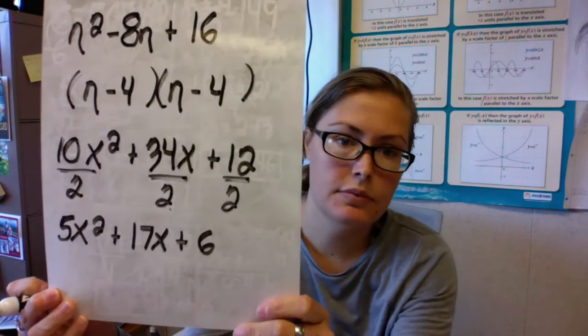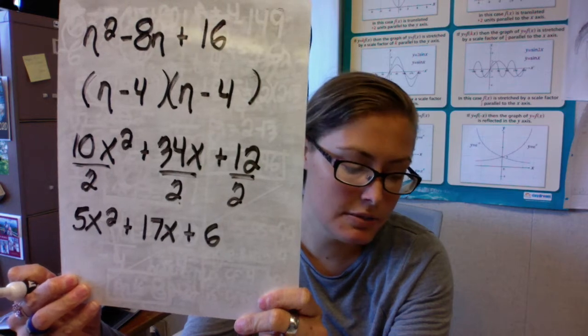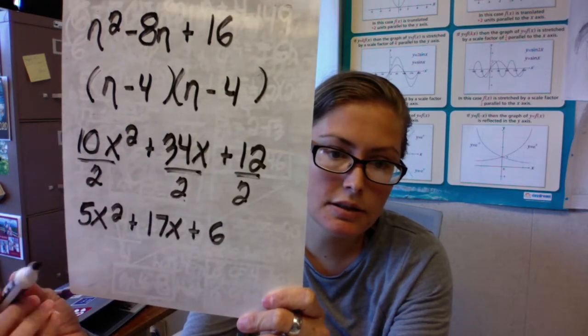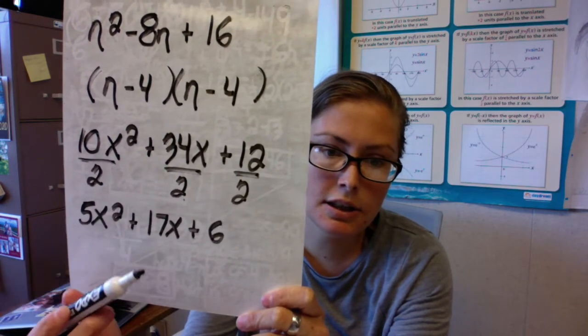So now we need two numbers that multiply to get a combination of 30 and add or subtract to get 17. So we get 5x plus 2 and x plus 3.